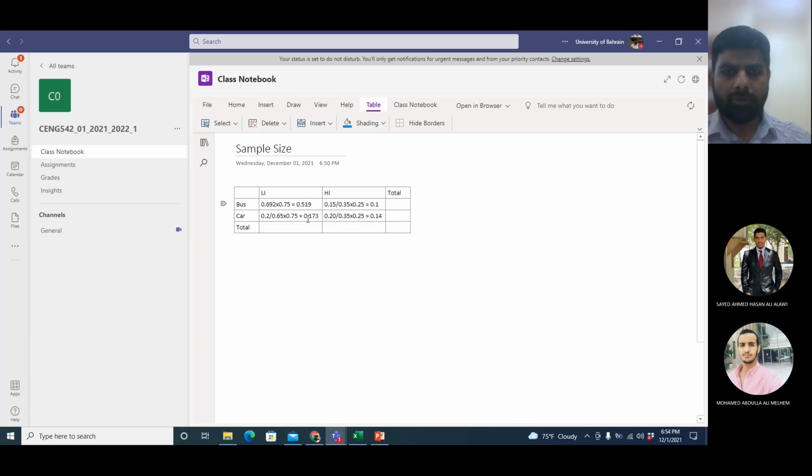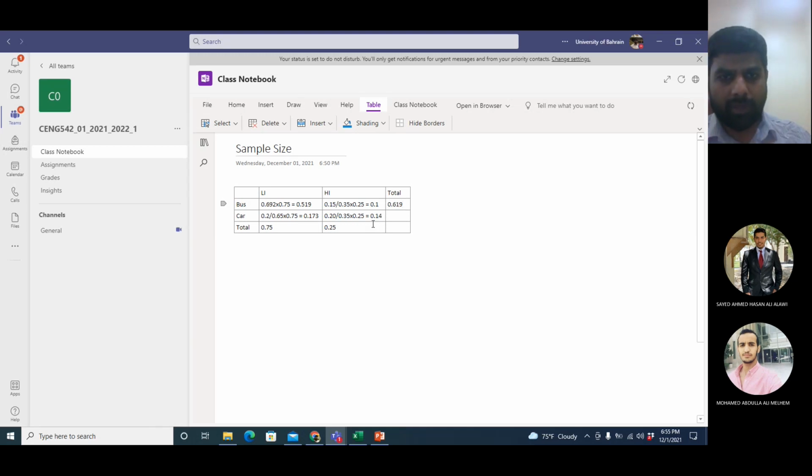Okay. Now, if you do the summation for low income group, you should approximately get the same percentage which you have taken in the sample, 75%. And if you do the summation for high income group, you should again get approximately the same, which is 25%. Approximately, there's some rounding off here, I know. And if you do the summation for them, you will get 0.619.